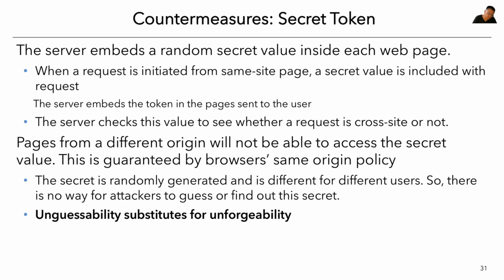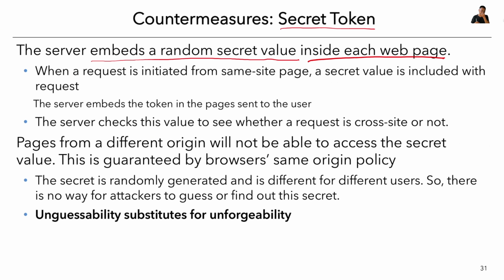So normally you should use a secret token. The server will embed a random secret value inside each web page. Basically, when the server creates a page for the user, it's going to embed some secret numbers in this page. Every time you visit this page again, it will be a different secret value.